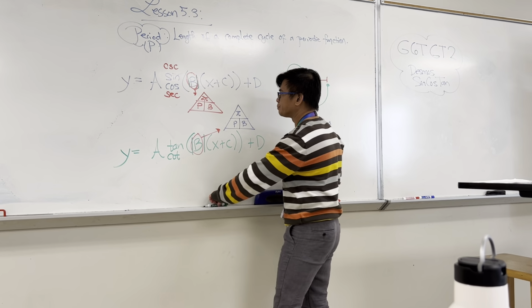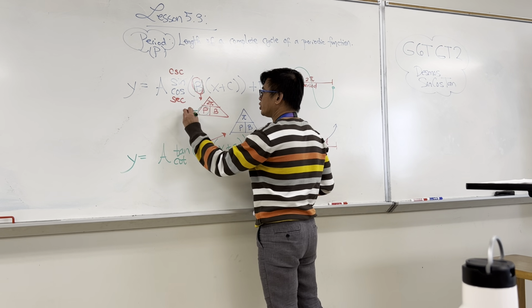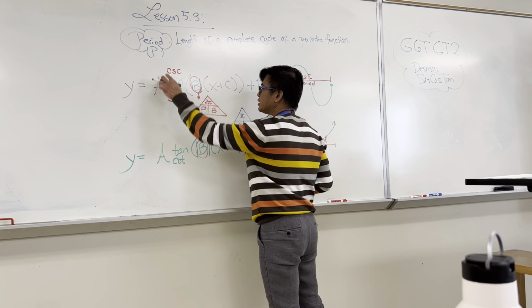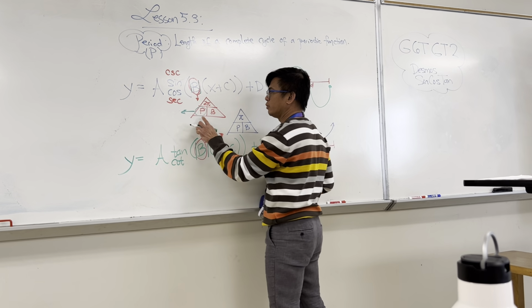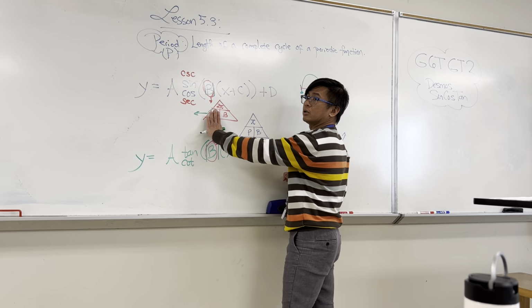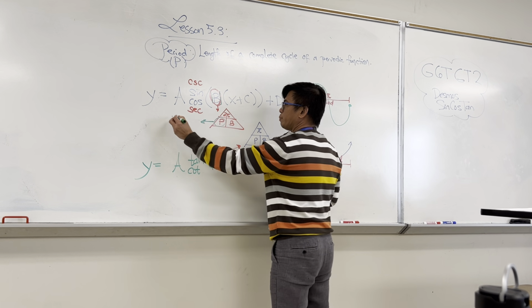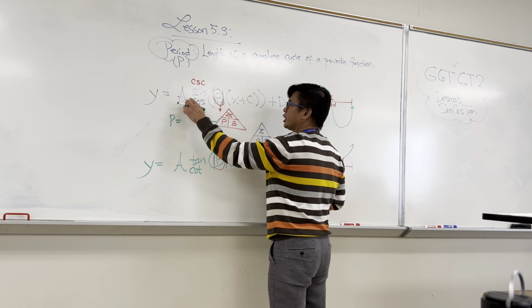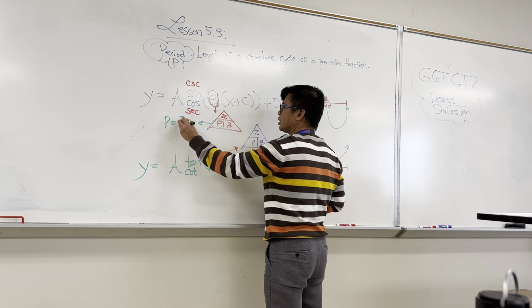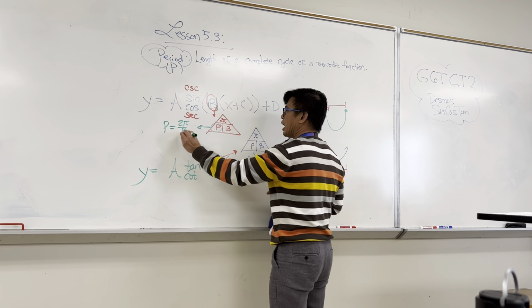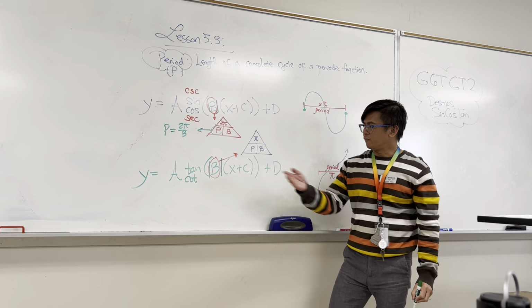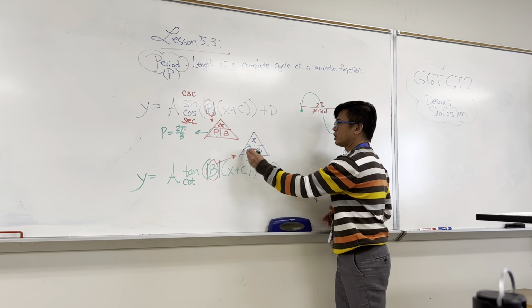So for example here, to get the period for sine, cosine, secant, and cosecant, what you're going to do for this triangle? You divide 2 pi by b. So the period for sine, cosine, secant, cosecant is 2 pi over b. However, for tangent and cotangent, what's the formula to get the period?